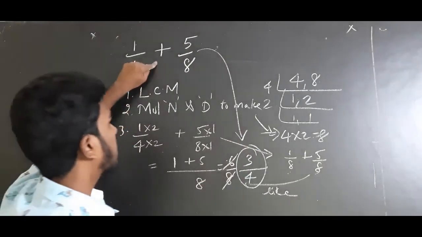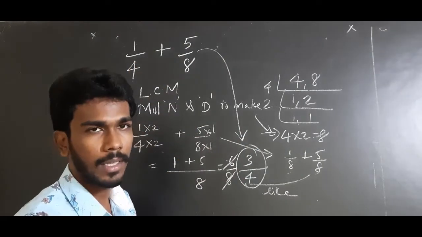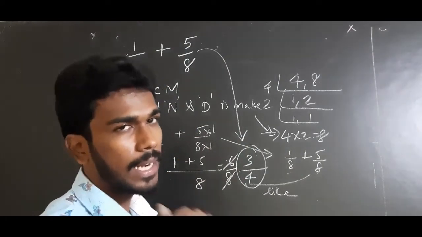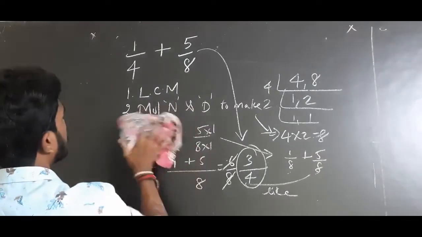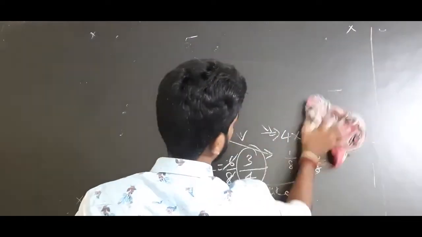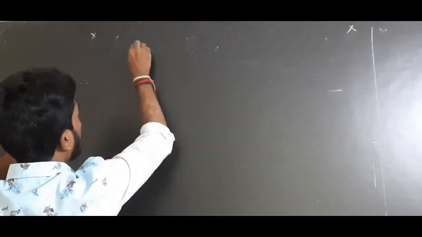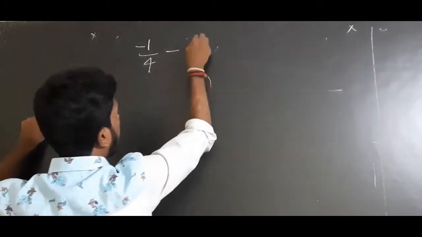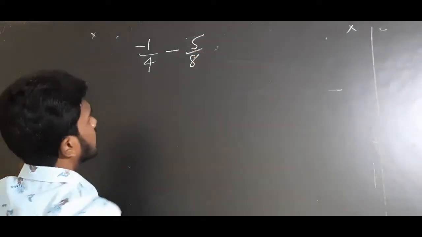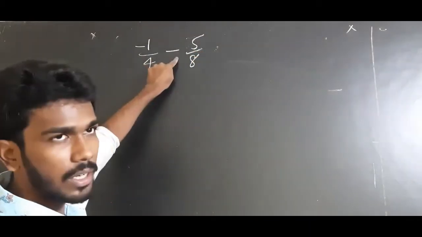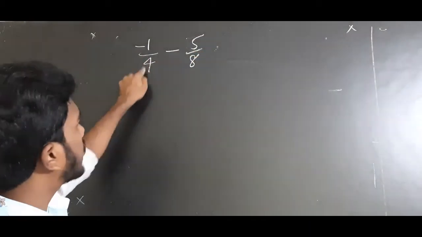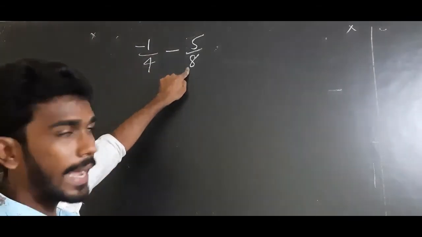In a similar way, if negatives are given, you have to do a negative operation. That's it. Now let's see another sum. Now I'm going to do minus 1 by 4 minus 5 by 8. Now I have given negative integers. As we know, the LCM of 4 and 8 is 8.